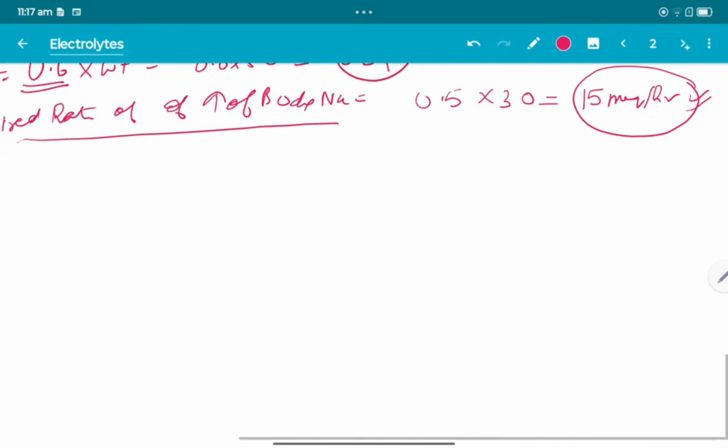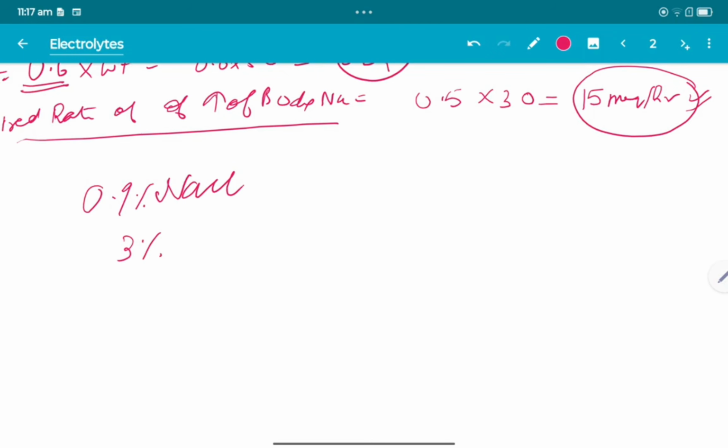Okay. What is the fluid that one should use? It will be either 0.9% NaCl or 3% hypertonic saline. Okay, but the rate of infusion will be different.